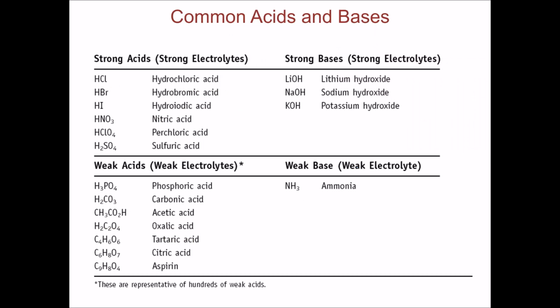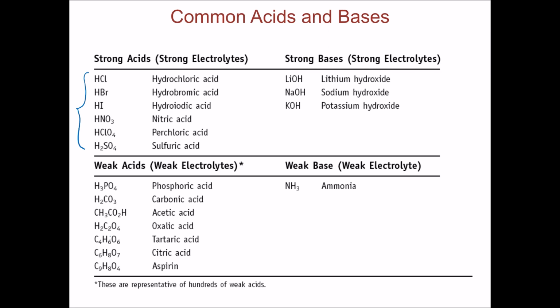This is a list of common acids and bases classified according to their strengths. You need to know this set of strong acids: HCl, HBr, HI, HNO3, HClO4, and H2SO4, because anything else is going to be a weak acid, no matter what acid.